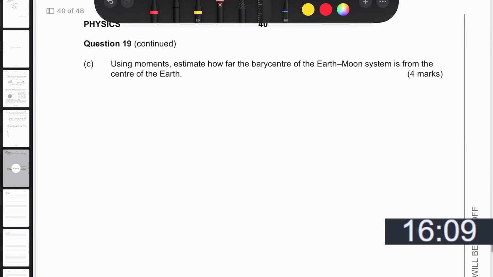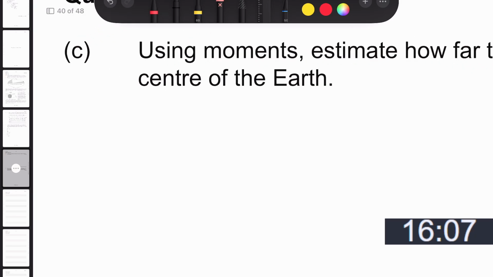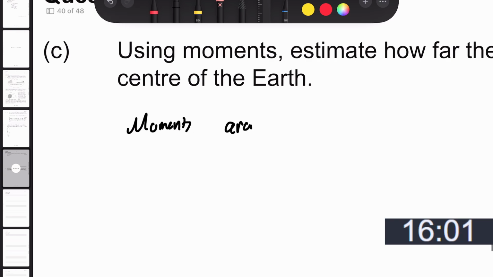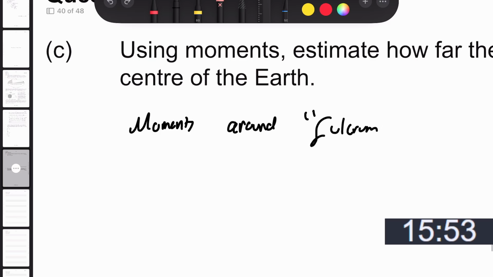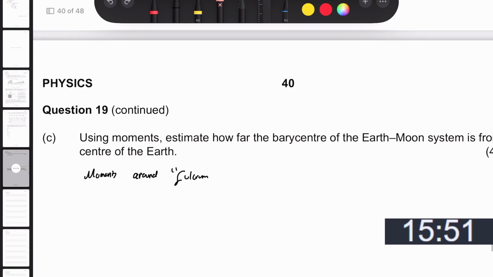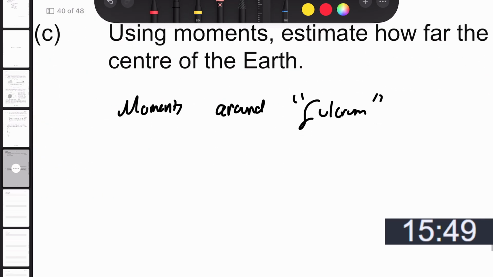So let's say moments around the fulcrum. This is the Earth, we have the fulcrum here and then the Moon.